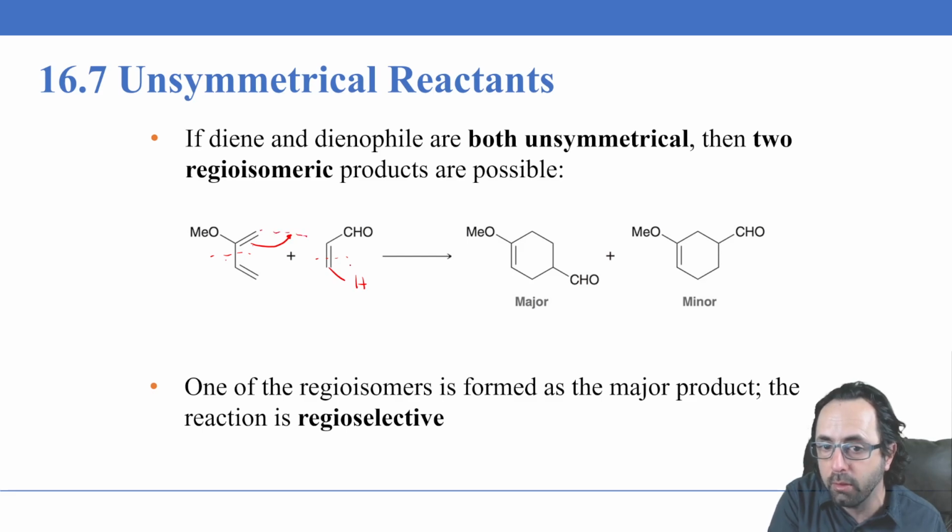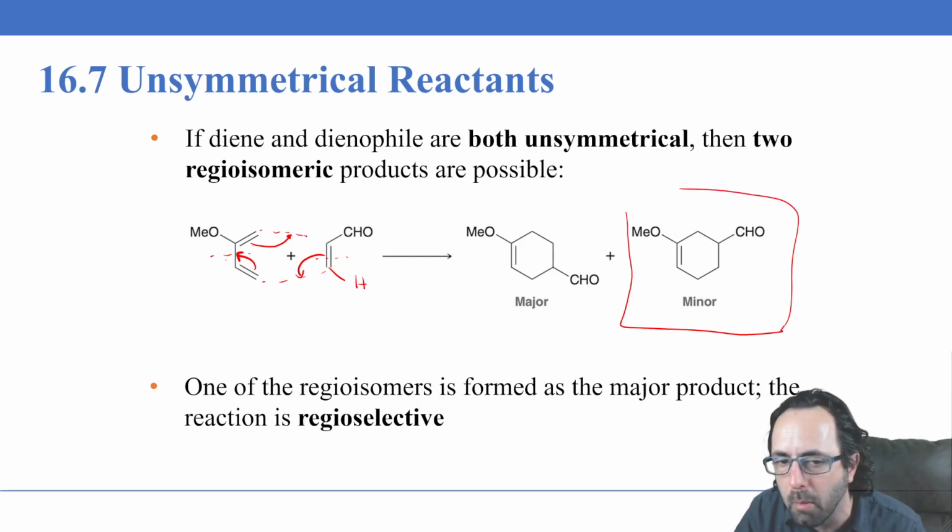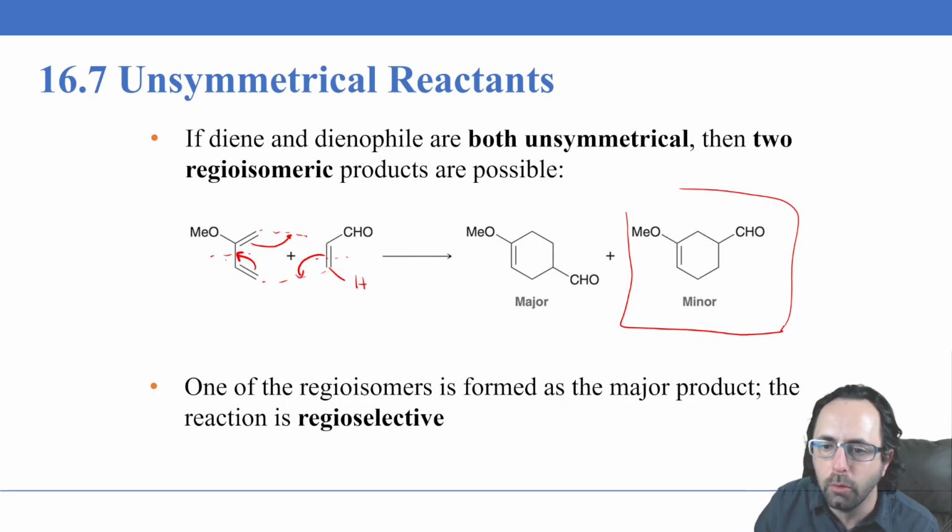And so if we follow these arrows here, it reacts just as shown. You're going to get this product here. Now, this is going to be the minor product, and you can perhaps understand why. You'll get this as the major product. That would be if we have the same reaction, but instead we have the diene approach in this way.